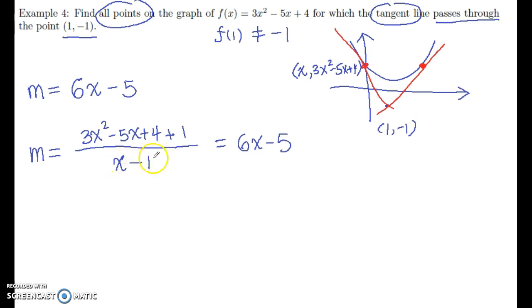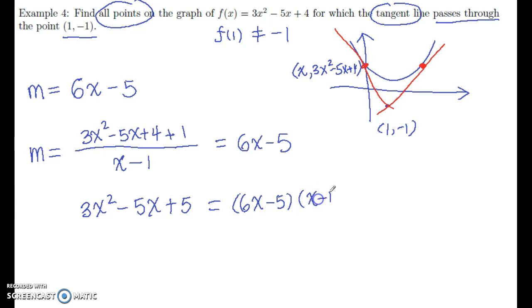So we simplify. We multiply x minus 1 on both sides. On the left side, we have 3x squared minus 5x plus 5. On the right side, we have 6x minus 5 times x minus 1.